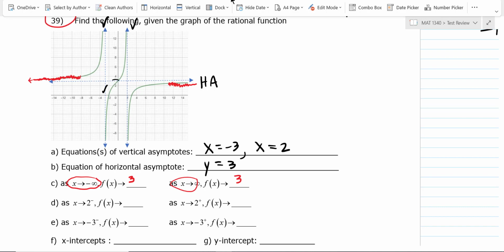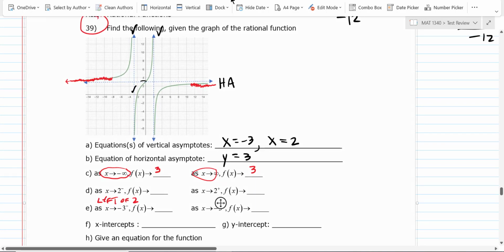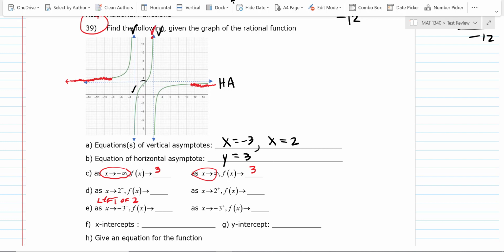Now, part D, we're looking at when we have this negative, that means we're to the left of 2, okay? So we're just barely to the left of 2. You have this vertical asymptote at 2, so if you're barely to the left of 2, you are way up here. And way up there is positive infinity. So the answer to that would be positive infinity.